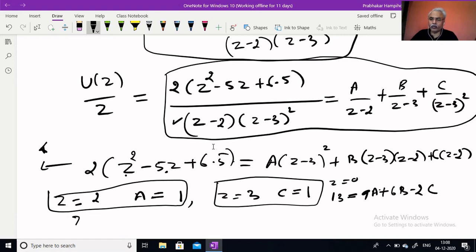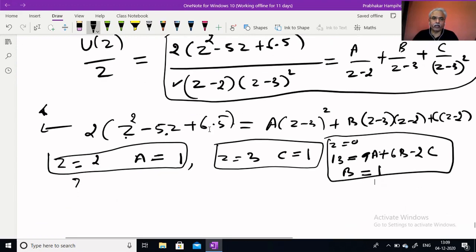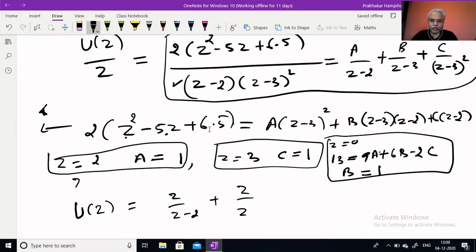Except B, we know all of these, and together the values of A, B, C end up giving B also as 1. So when you write these ABC values and simplify, U of z is z by z minus 2 plus z by z minus 3 plus z by z minus 3 whole square.